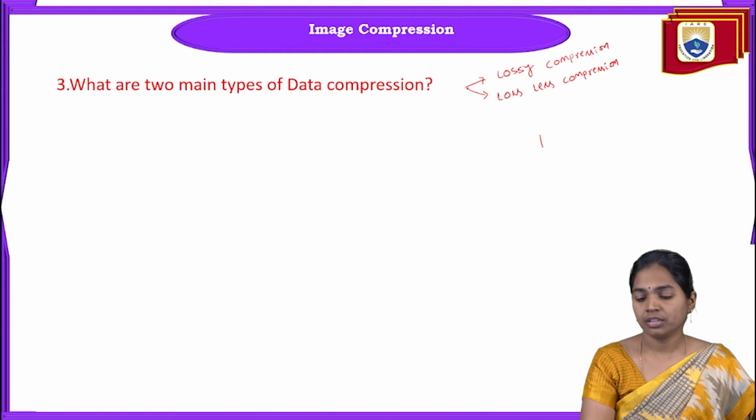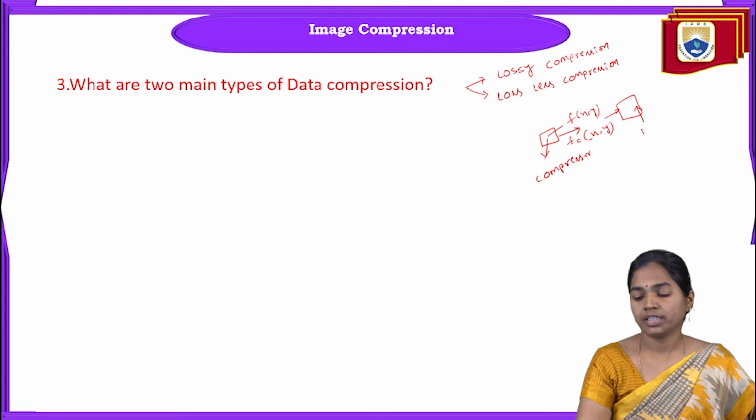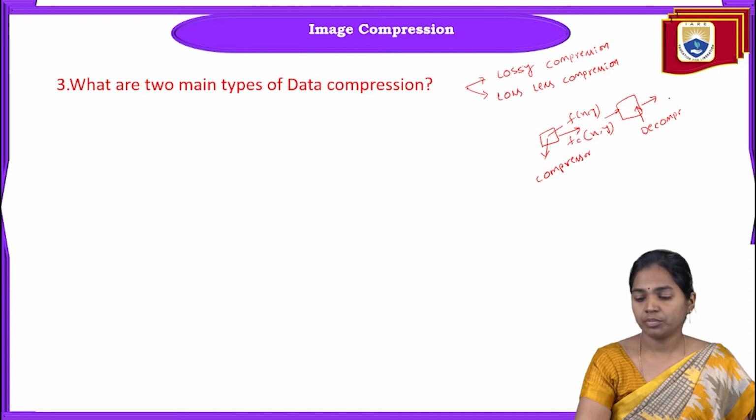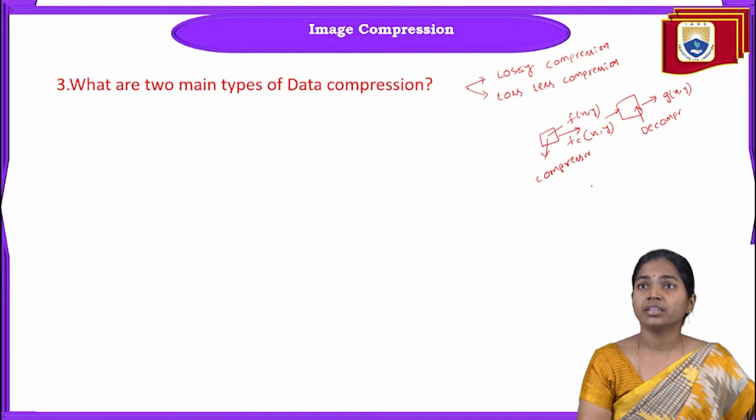In compression, the image we represent is f of x comma y. We apply it to the compressor, and the output is fc of x comma y. Then it goes to the decompressor, and the decompression output we represent as g of x comma y, or f cap of x comma y.